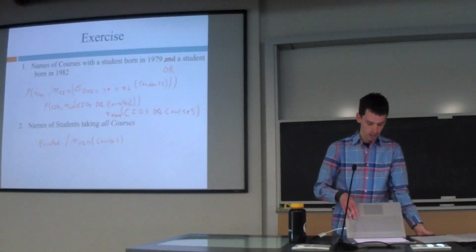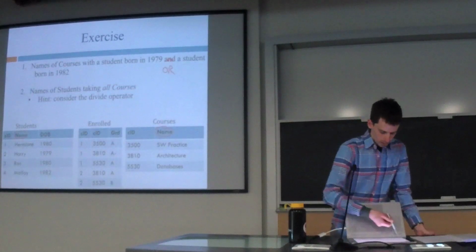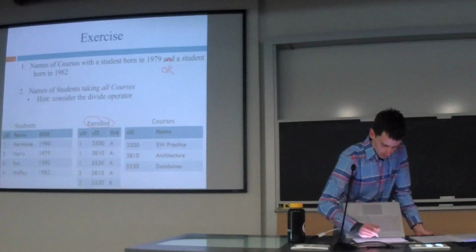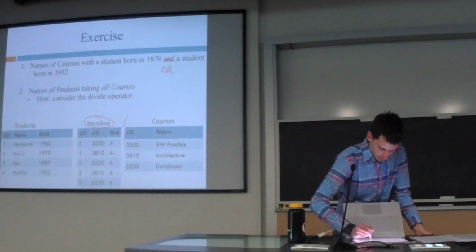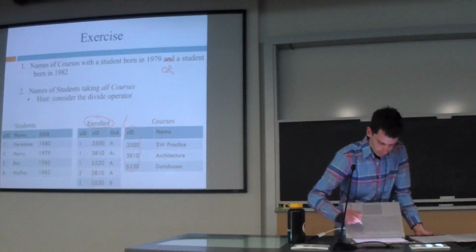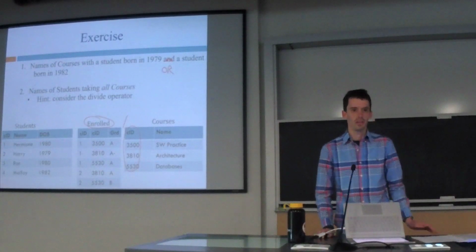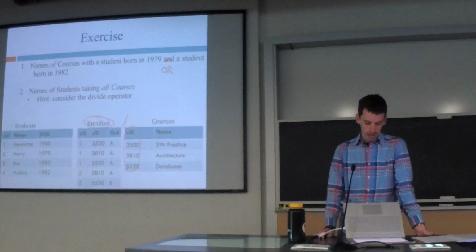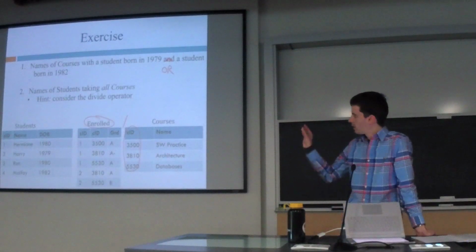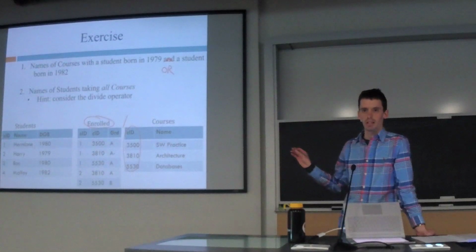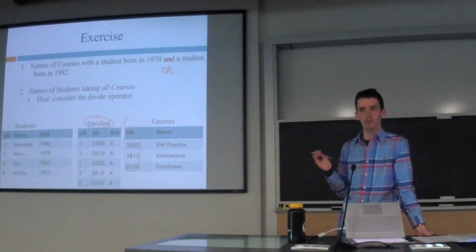Okay, let's see what we have so far. So we have enrolled divided by just this. Okay, so that is going to give us basically, so we have SID and CID in enrolled. SID is ultimately what we're going to care about.